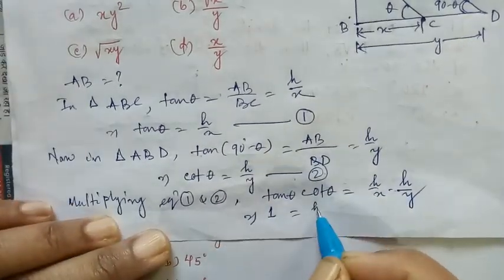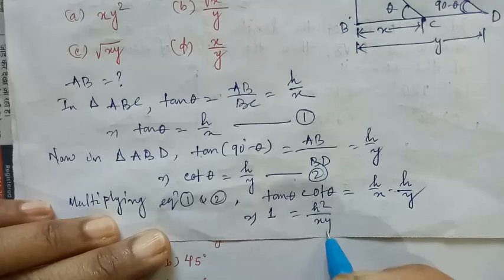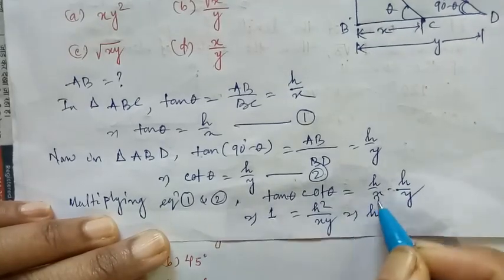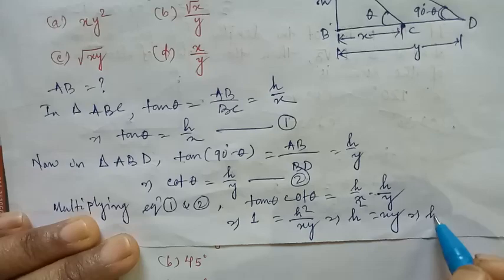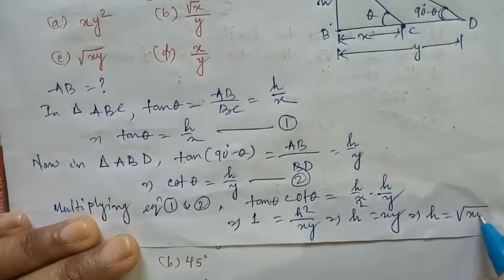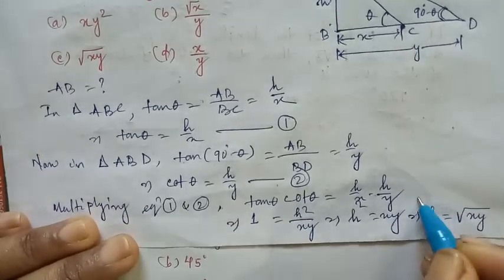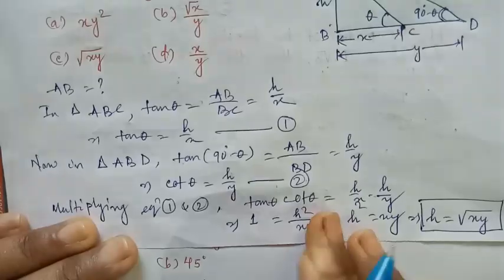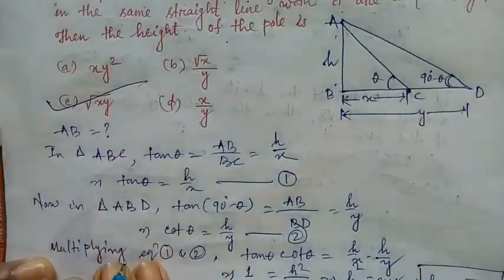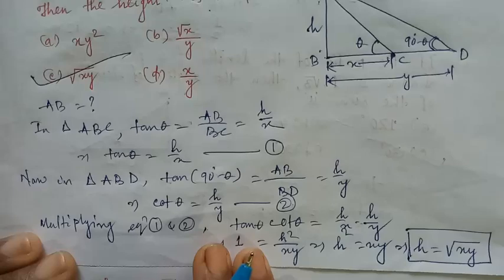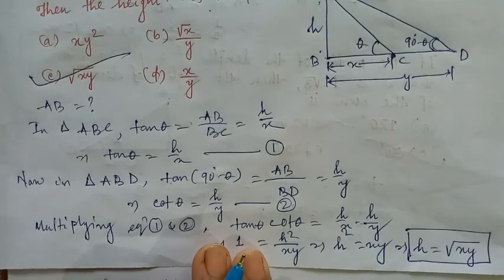That is equal to H square upon XY, which implies H square is equal to XY. That means H is equal to root over of XY. So option C is your right answer. The height of the pole is root over of XY.